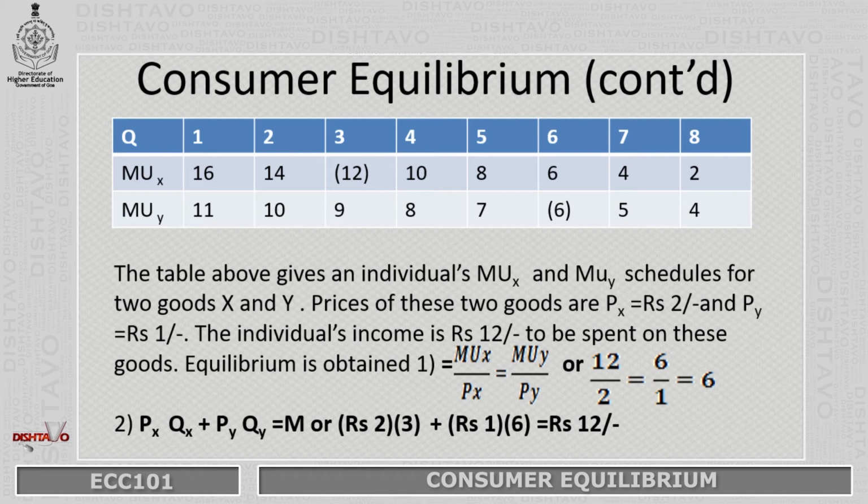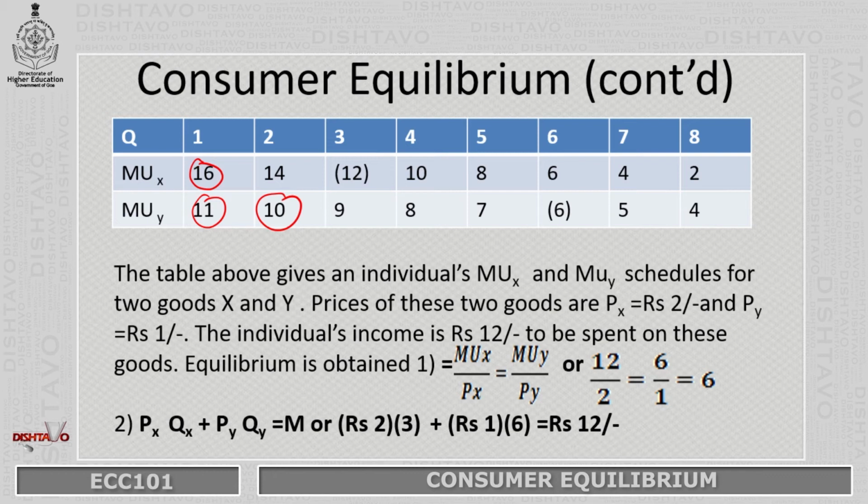Now let us closely look at the table. The consumer first spends his 2 rupees on 1 and 2 units of commodity Y, getting 11 and 10 utility. Together he is getting 21. Because the price of X is 2 and the price of Y is 1, out of 12 rupees, 2 rupees are gone for Y. Next 2 rupees he spends on commodity X, getting 16 utility.